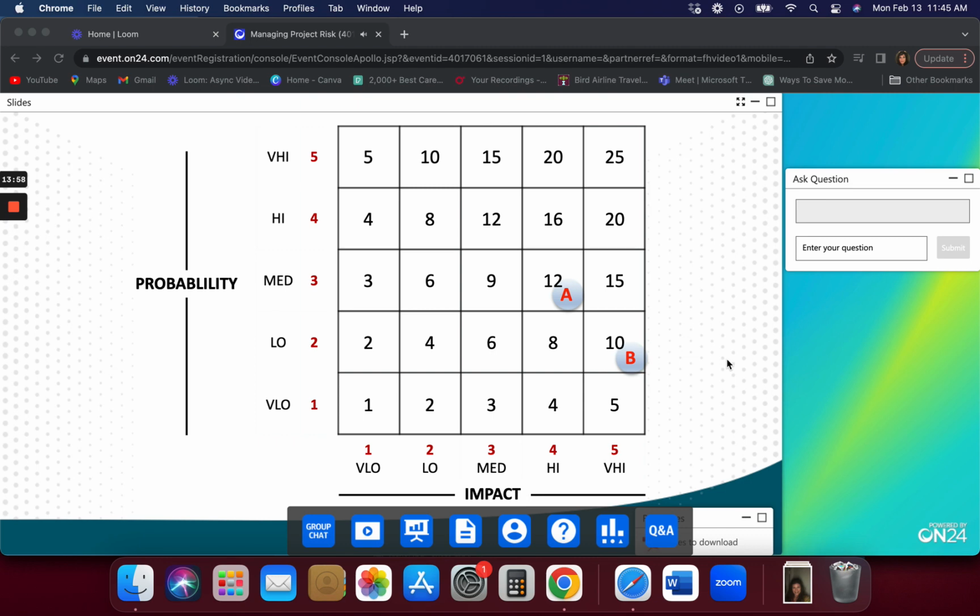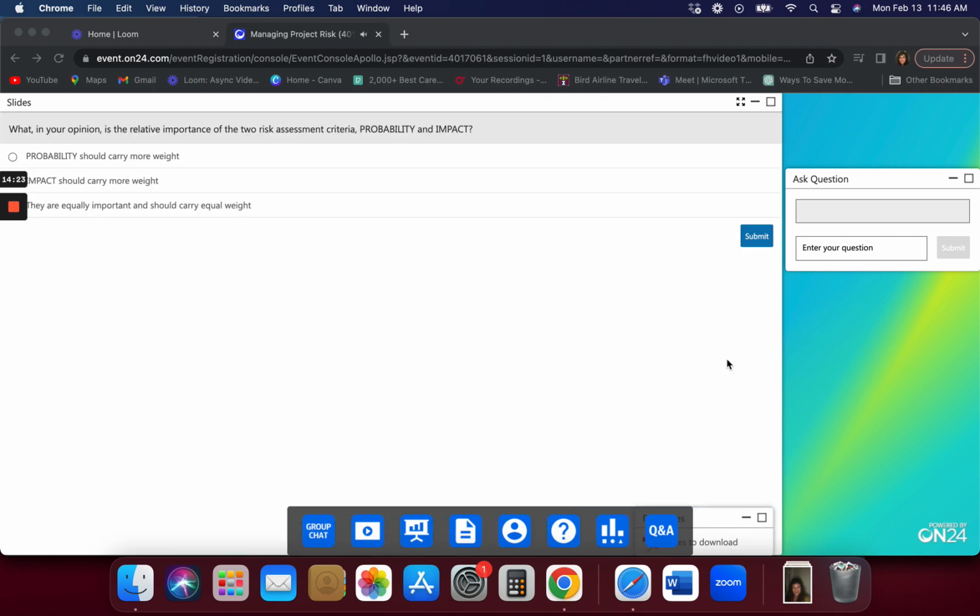So I'm going to launch this poll now. What in your opinion is the relative importance of the two risk assessment criteria, probability and impact? Probability should carry more weight. Impact should carry more weight. They are the same, it doesn't matter. Please tell me what your thoughts are. I'm sending it out to you. I think you can see it there now.